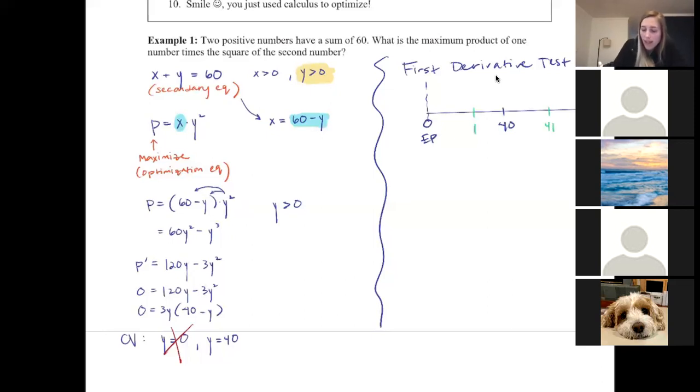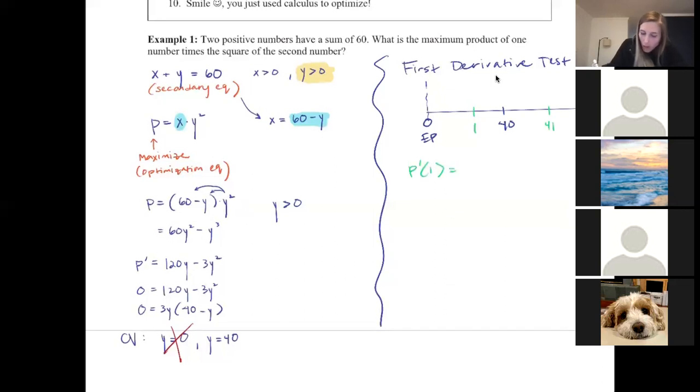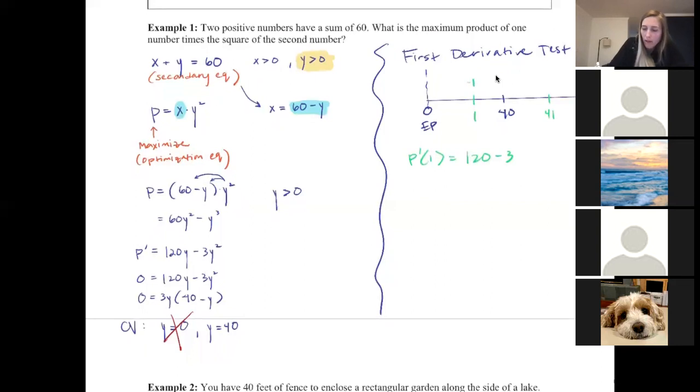So plugging those test values into the derivative, p prime of 1, I'll use function notation, p prime of 1 would be 120 minus 3, which would be a positive value. So the graph would be increasing to the left of 40.